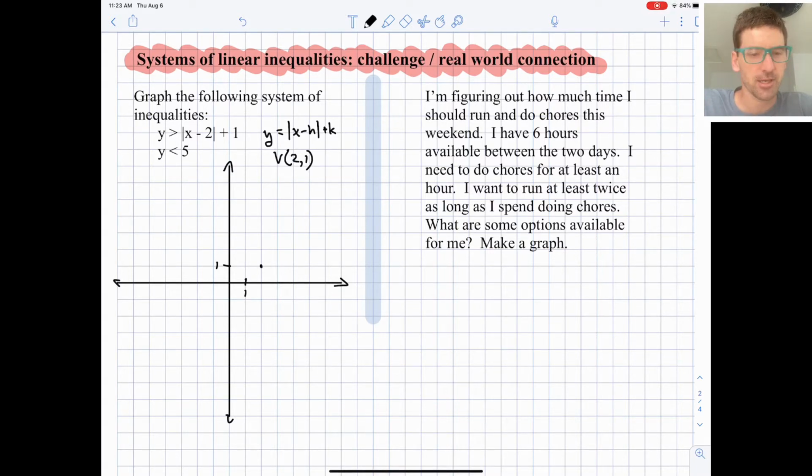It doesn't look like we've modified the orientation of the absolute value function, and we haven't stretched it at all either. So I'm going to just have a nice slope of 1 in both directions.